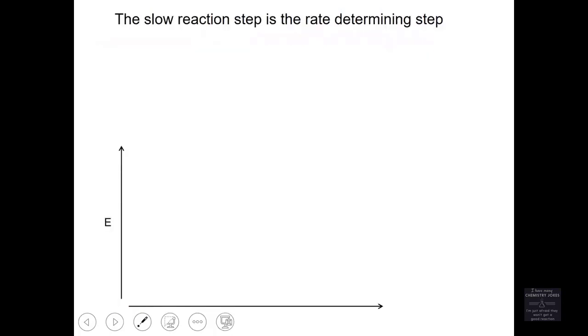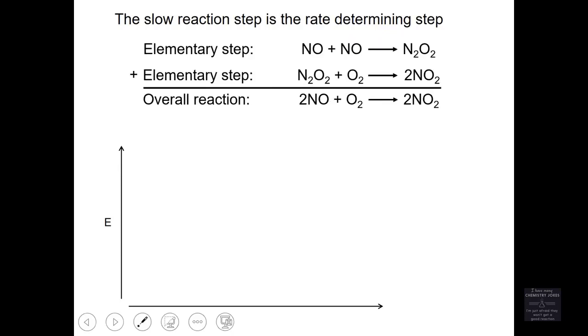When I have multiple elementary steps, it makes sense that some of them might be faster or slower than others. And how do you determine what's faster and slower? If I go back to my same given reaction, I draw a reaction coordinate diagram. A reaction coordinate diagram always shows a shelf that has reactants on it and a shelf that has products on it.